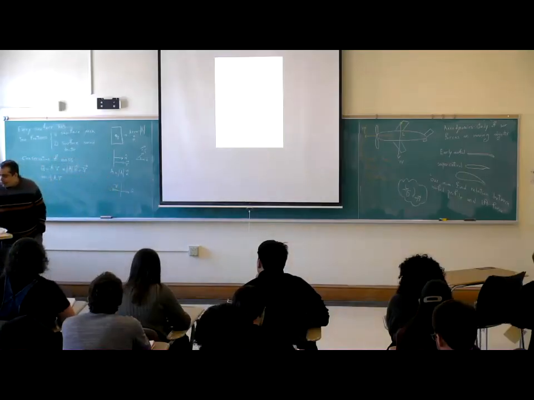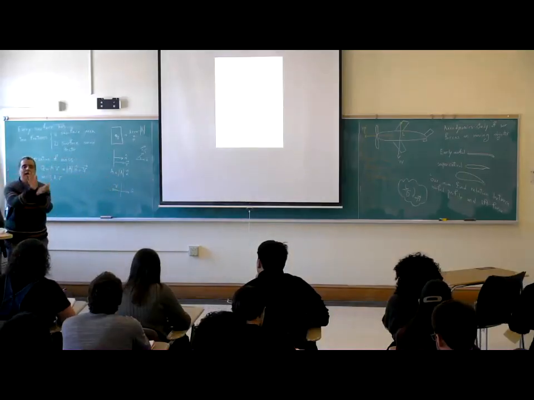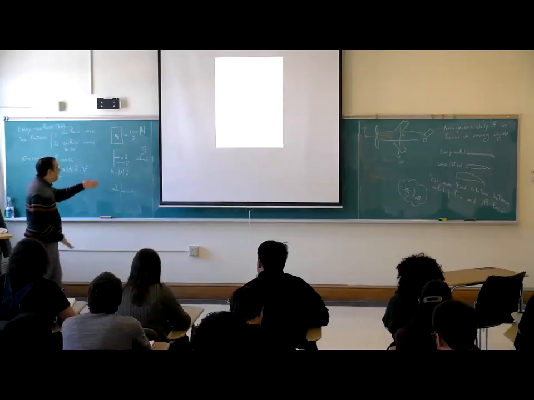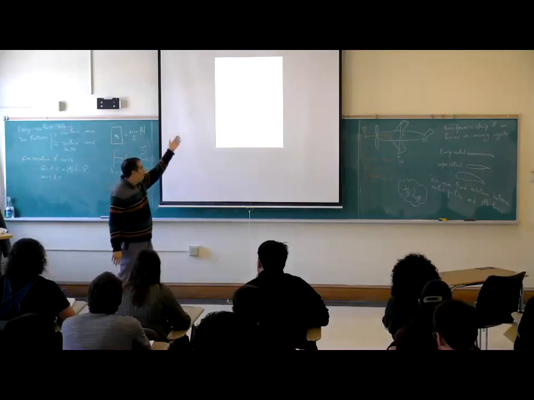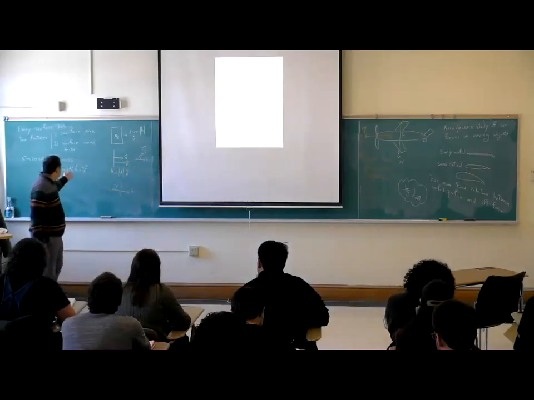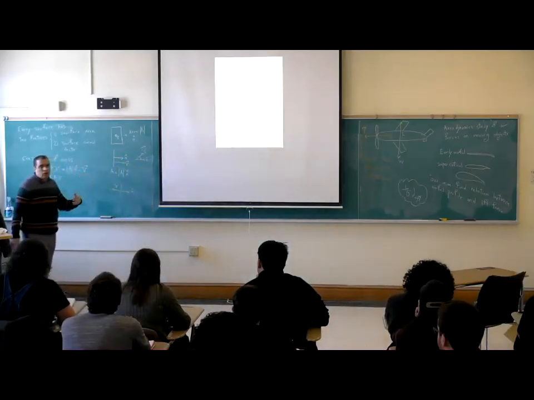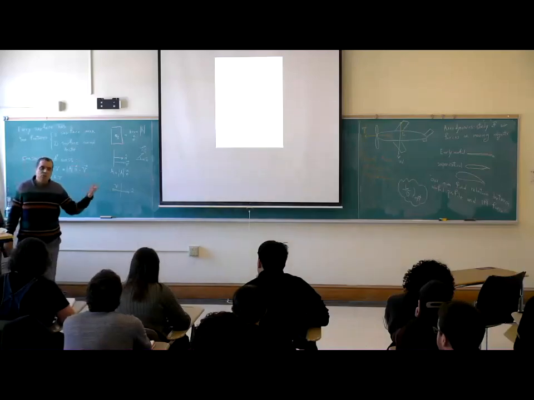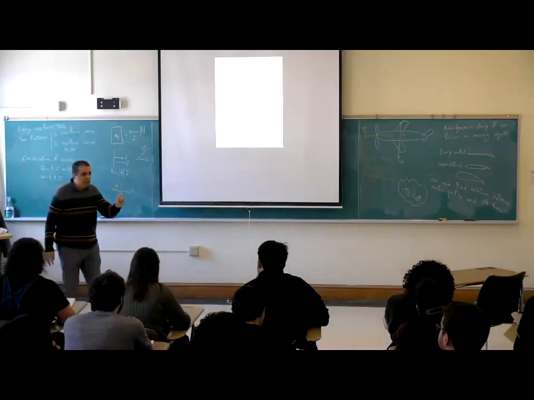So if there is an angle between V and N, the cosine will be considered, because N dot V is equal to N V cosine of the angle between N and V, okay?